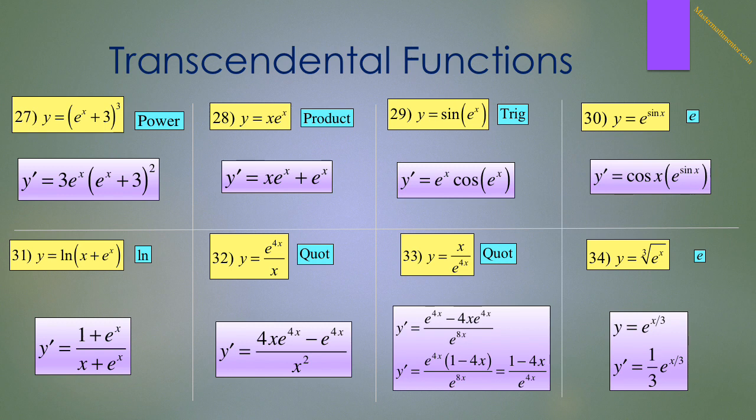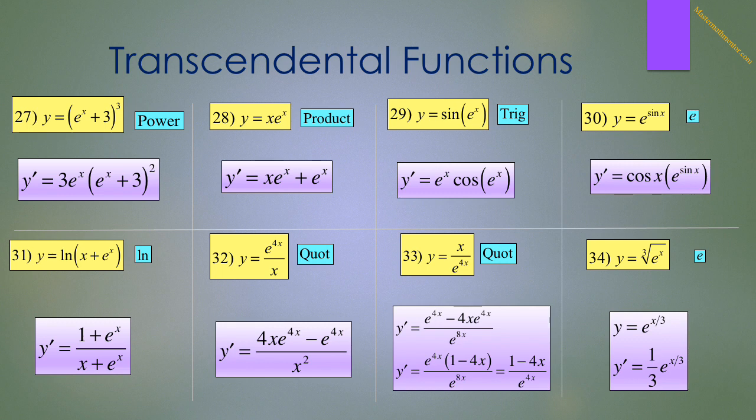We first square the bottom, and the numerator will be x times the derivative of e to the 4x, which is 4e to the 4x, minus the numerator e to the 4x times 1. Final answer, 4x e to the 4x minus e to the 4x over x squared.